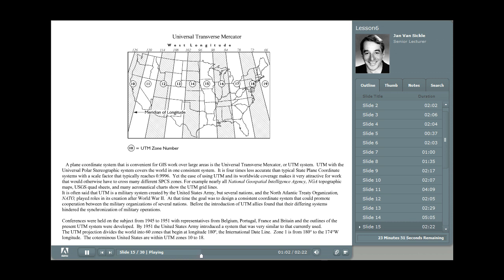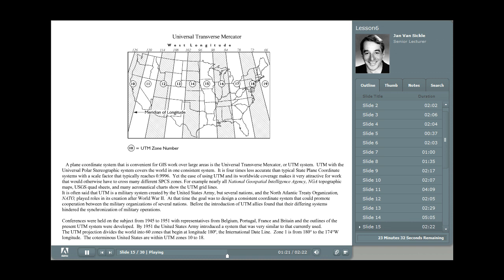Yet, the ease of using UTM makes it very attractive. All NGA topographic maps, USGS quad sheets, aeronautical charts, and so on illustrate UTM grids. It's often said that this is a military system.